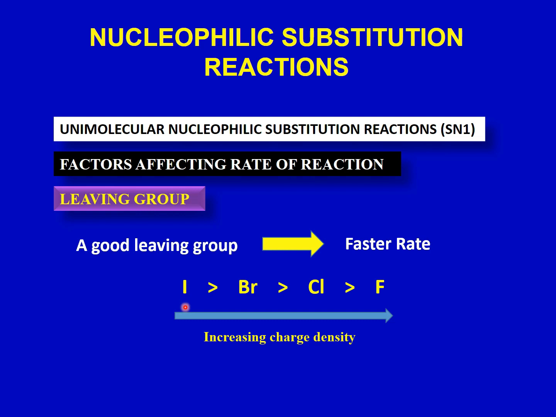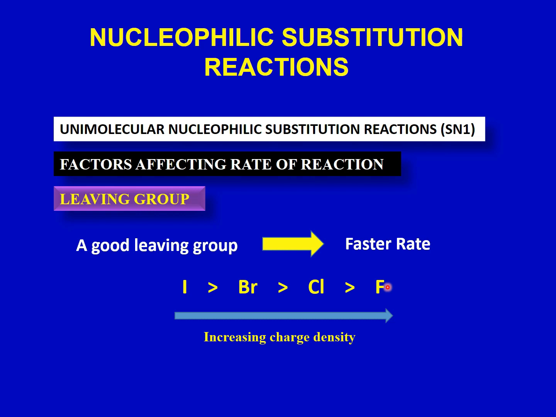Moving from iodide to fluoride, we are actually increasing the charge density. The reason iodides react faster is that when the bond between carbon and iodine breaks and the iodide anion is formed, it is slightly more stable compared to the other three anions, because it has the lowest charge density.